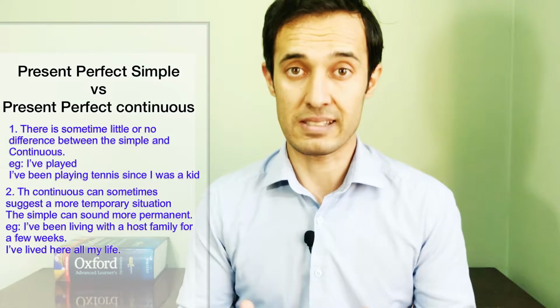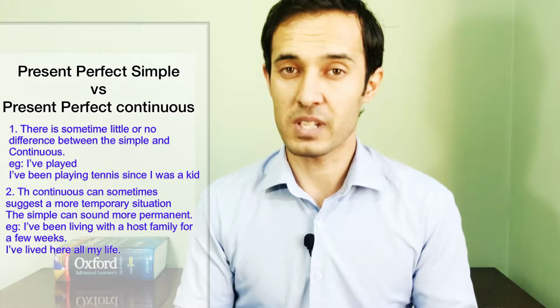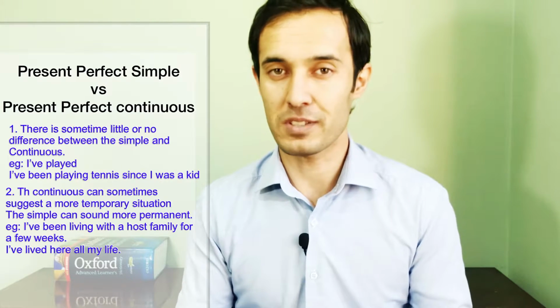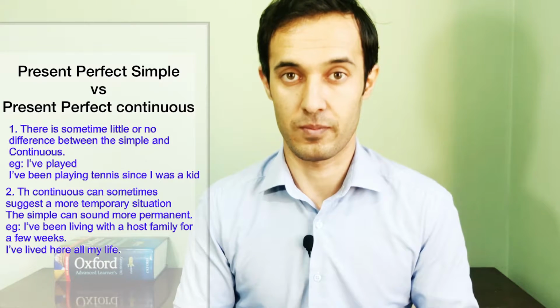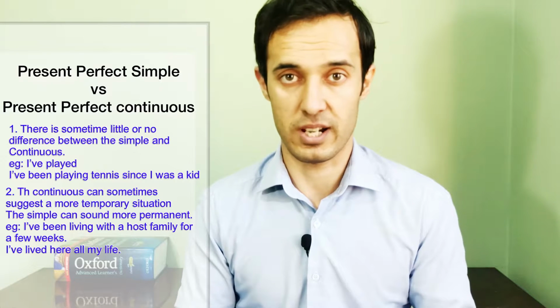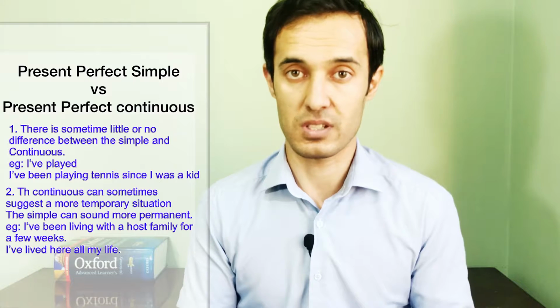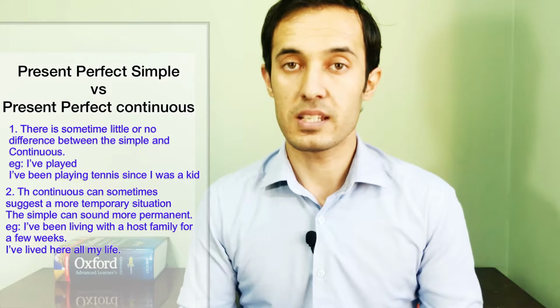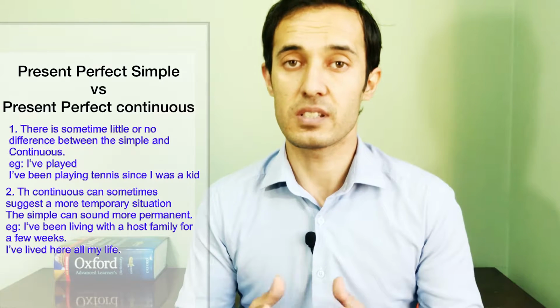Now I'm going to tell you the differences between present perfect simple and continuous. Number 1. There is sometimes little or no difference between present perfect simple and continuous. Example: I have played tennis since I was a child, and I have been playing tennis since I was a child. Number 2. The continuous can sometimes suggest a more temporary situation.